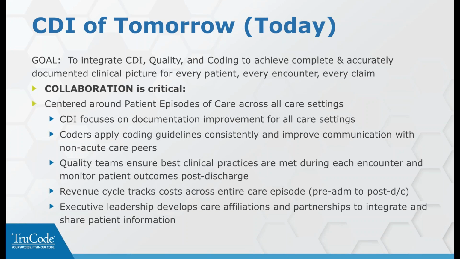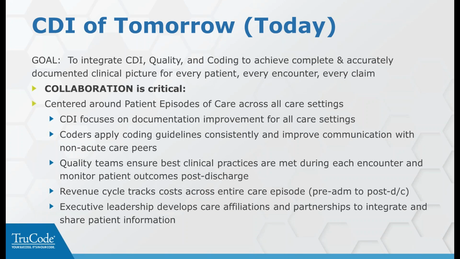Collaboration is critical, and it's got to be centered around patient episodes of care across all the settings because, as I mentioned, those bundle payments are going to start focusing on 30, 60, and 90-day episodes of care and a real focus on the variation in cost and quality in those post-acute care settings.